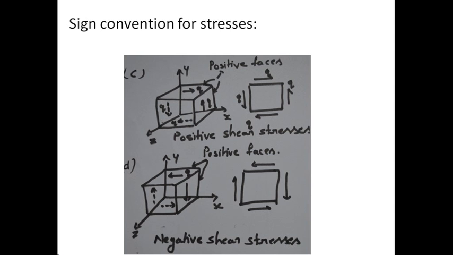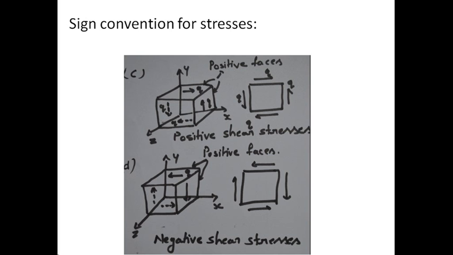For shear stresses, a shear stress acting on the positive face of an element is considered positive if it acts in the positive direction of one of the coordinate axes, and negative if it acts in the negative direction of the axis.